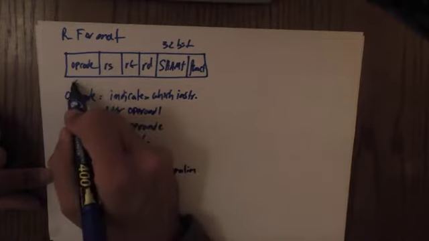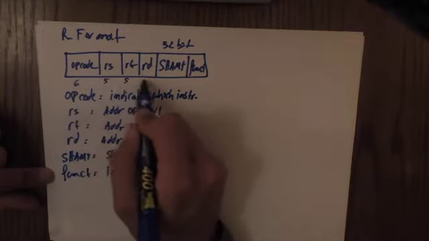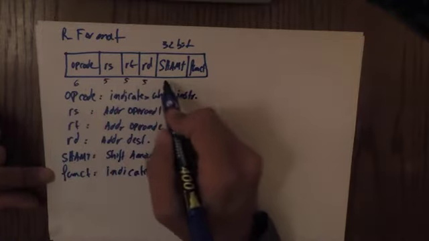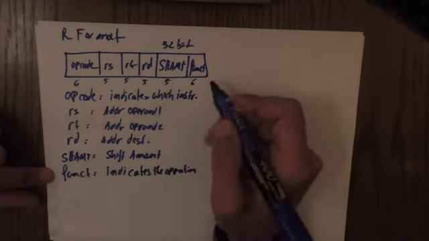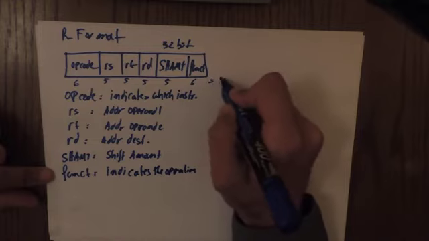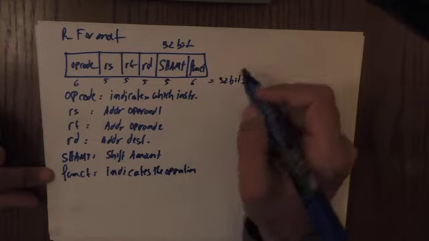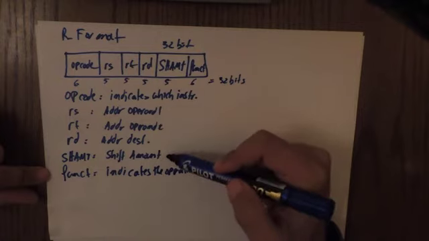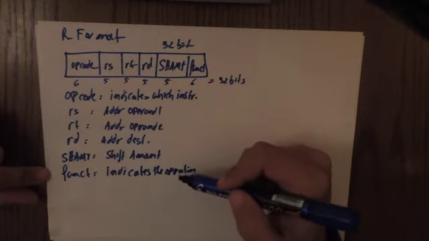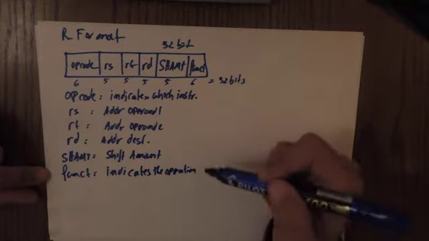So this is 6 bits, 5, 5, 5, another 5 also for shifting, and 6 bits. Here we have a total of 32 bits. Now RS, RT, RD, we saw them before. Shift amount, we'll see in shifting operations. But what about the function and the opcode?